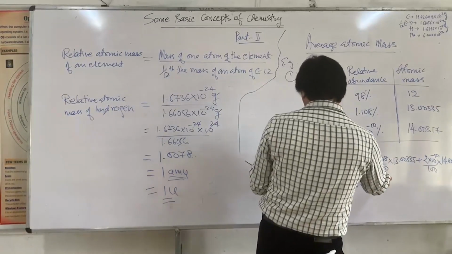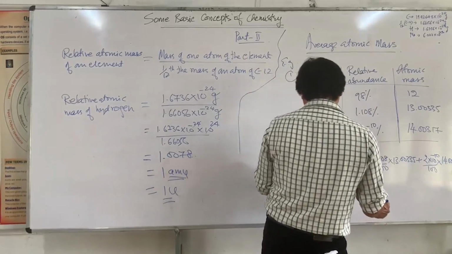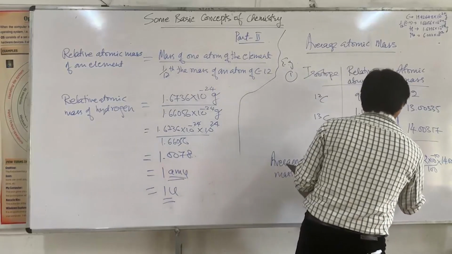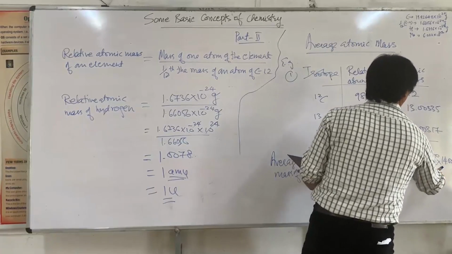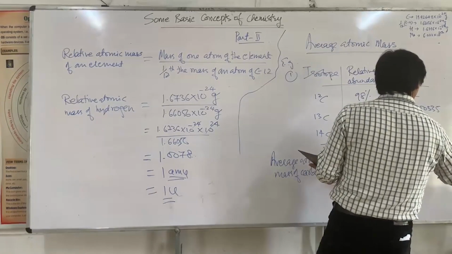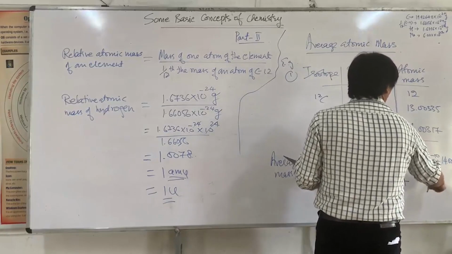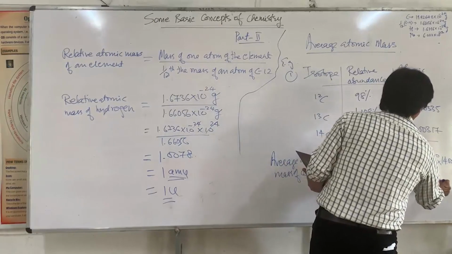The next value is found to be 0.144, plus the third one: when you simplify 10 to the negative 10, it is 2 divided by 1 followed by 12 zeros, and then multiplied with that mass. So it's going to be a very, very small number, almost equal to 0.